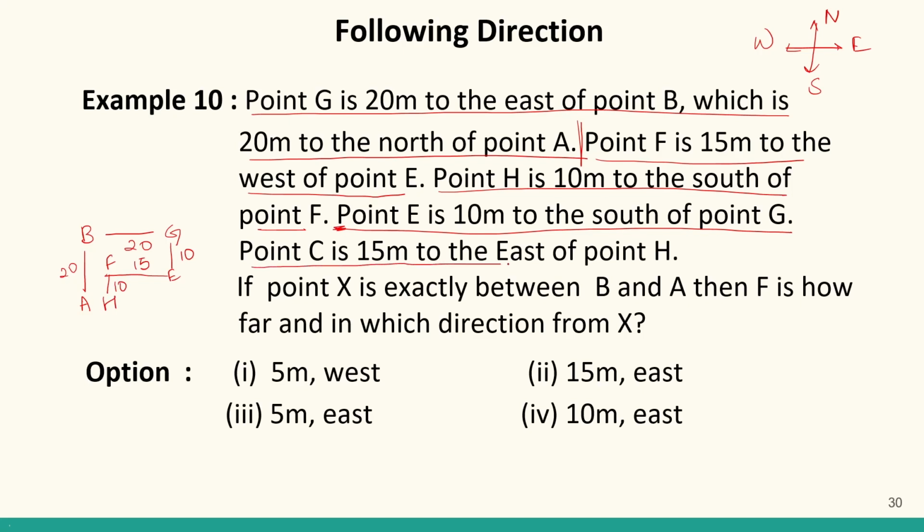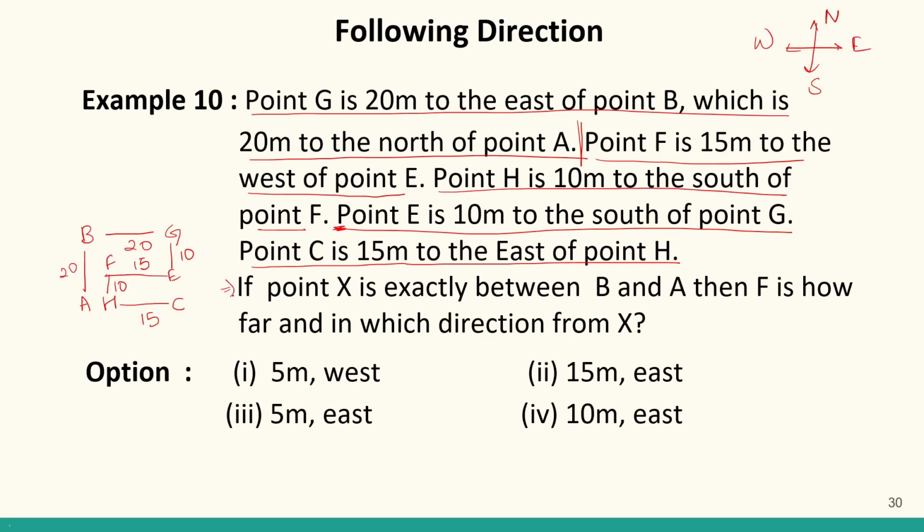Point C is 15 meter to the east of point H. Now it is given to us that point C is over here, 15 meter to the east of H. So GEC will fall in same line, FH will fall in same line and BA will fall in same line. Similarly, BG will be falling in same line, FE will be falling in same line, and AHC will be following in same line. So this is the diagram.